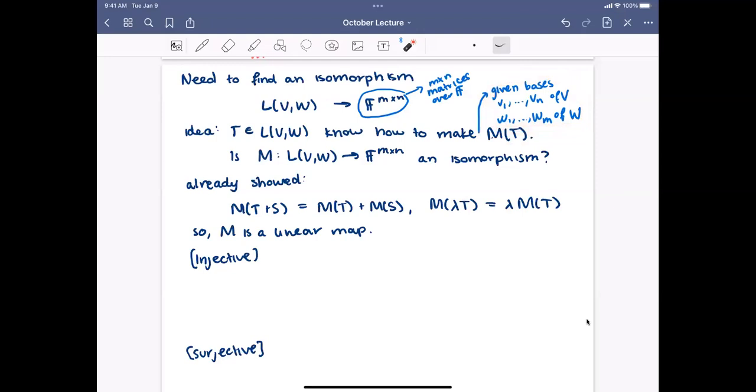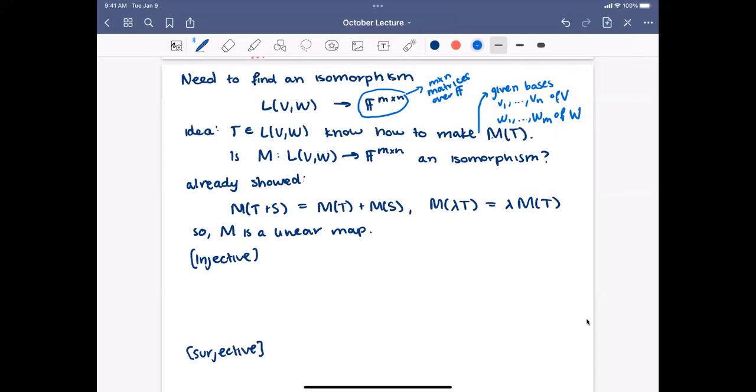Okay, so how do we show that M is injective? We can do it just the way that we show that anything is injective.